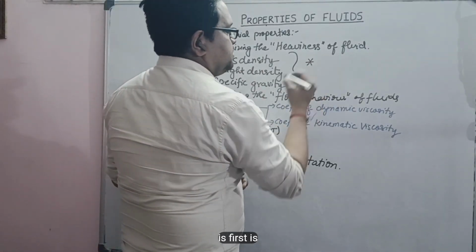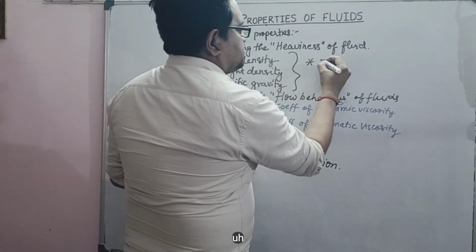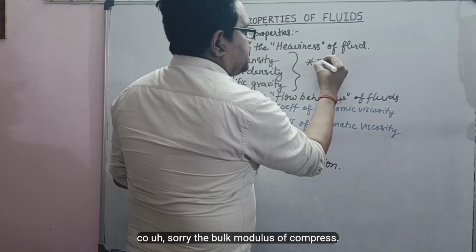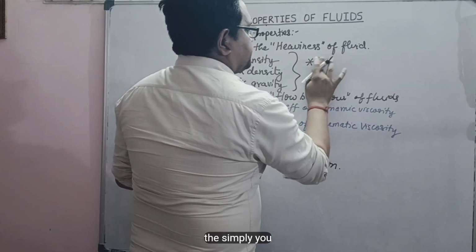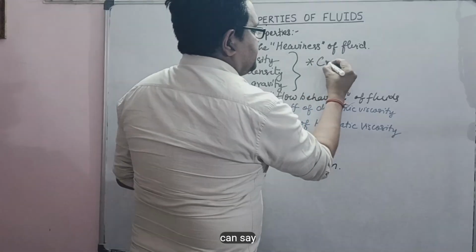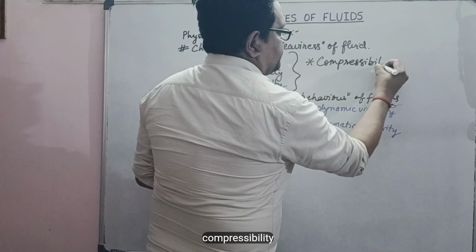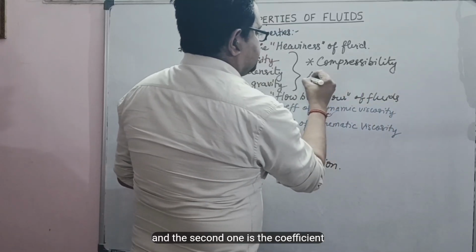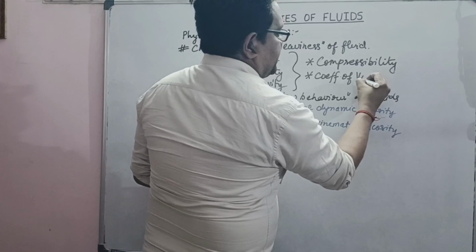First is the bulk modulus of compressibility, or simply you can say compressibility, and the second one is the coefficient of volumetric expansion.